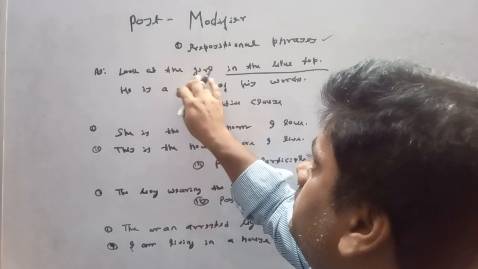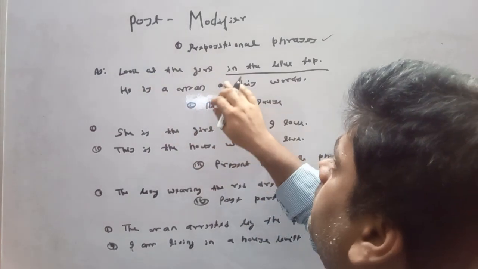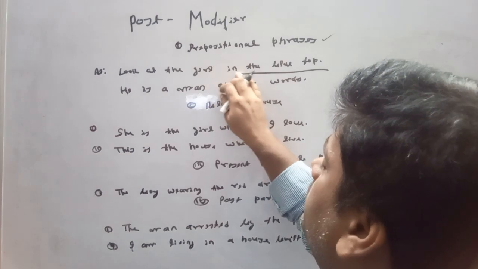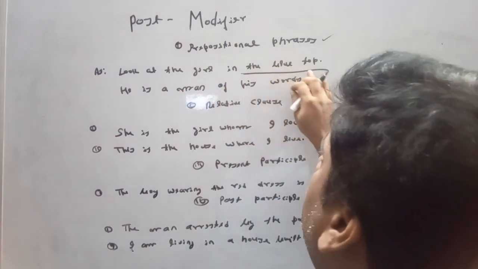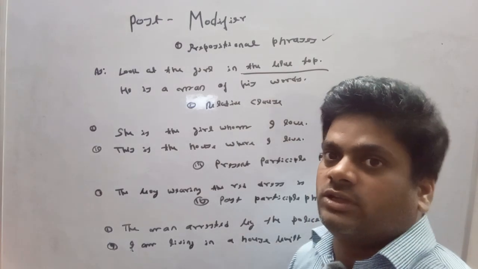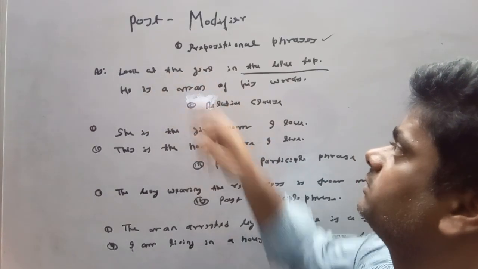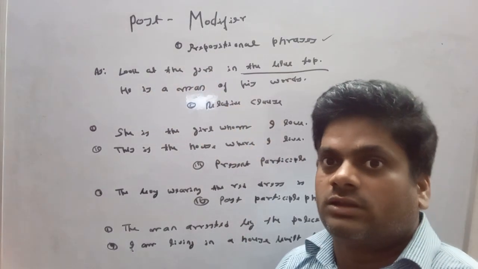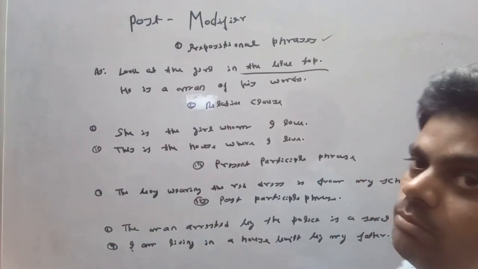Look at the girl in the blue top. This is a complete sentence. Here the preposition is working and the phrase is the blue top. The blue top is giving extra information about the noun girl. Look at the girl, and this girl is supposed to have worn the blue top.